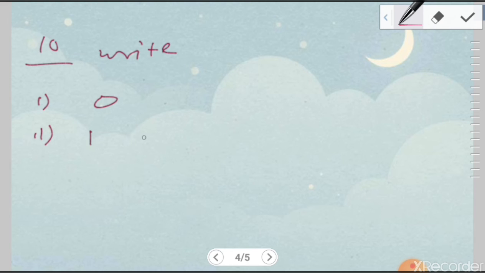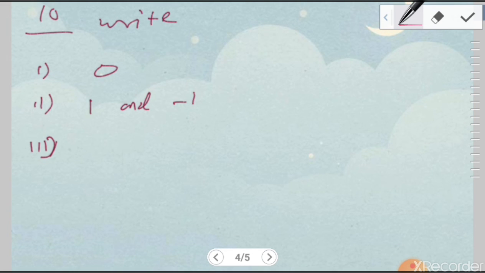So there are 1 and minus 1. These are both reciprocals of themselves. If you take the reciprocal of 1, the answer will be 1, and minus 1 also gives a reciprocal of minus 1. And in the third, the rational number that is equal to its negative. So 0 is the number which is equal to its negative.